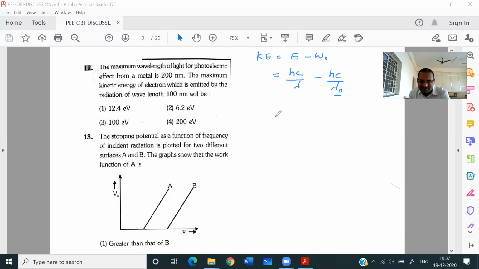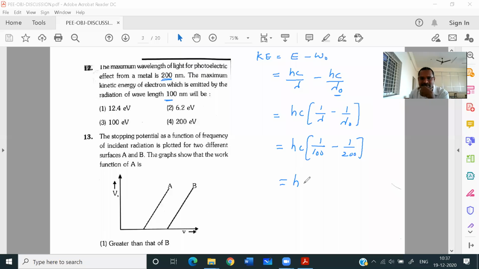From these two we can write hc into 1 by lambda minus 1 by lambda naught. Lambda is given as 100 and lambda naught is given as 200, because lambda naught is to be more and lambda is 100.